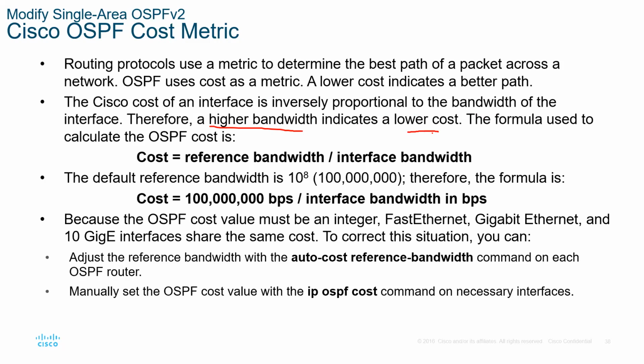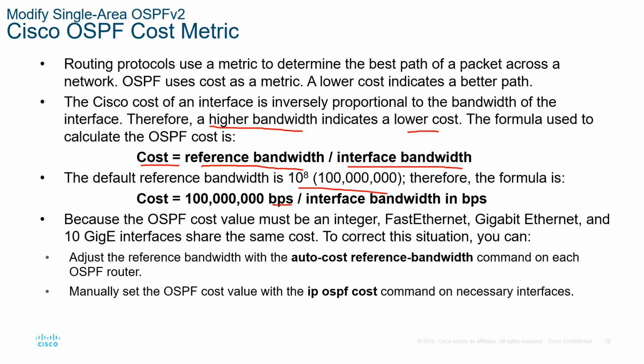The formula used to calculate the cost of the route is reference bandwidth over interface bandwidth. The default reference bandwidth is 100,000 kilobits per second, and the formula is in bits per second.